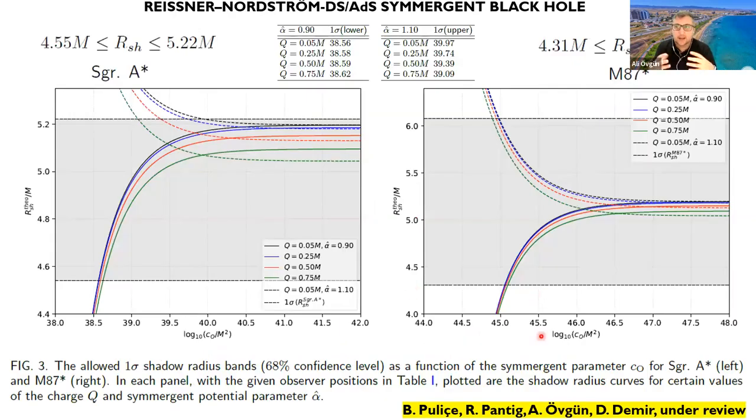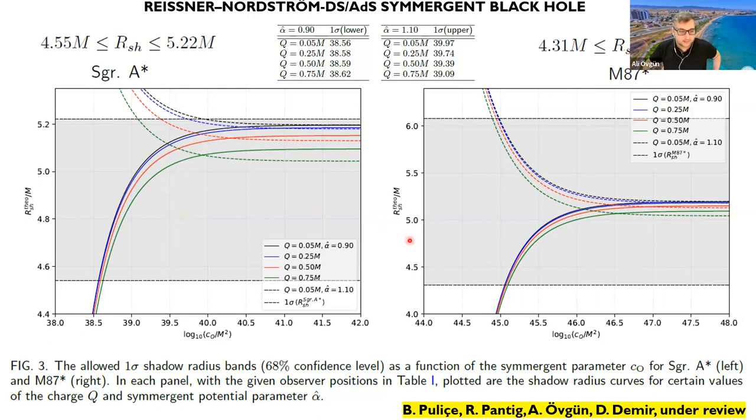Similarly, in another recent paper, we construct a charged, Reissner-Nordström DS-ADS Symmergent black hole, and this paper is also under review. Here we also check what happens if we add an additional charge to the shadow of the black hole and also the lensing. You can see that the allowed 1 sigma shadow radius band is in the 1 sigma region, and it is in the allowed region for these values.